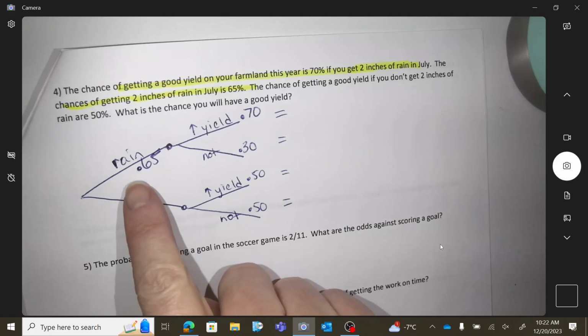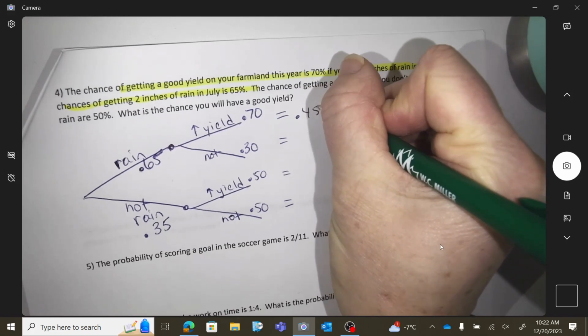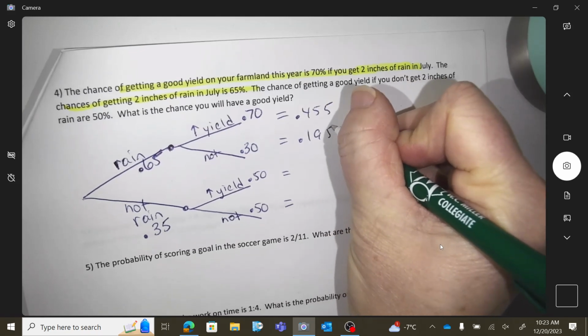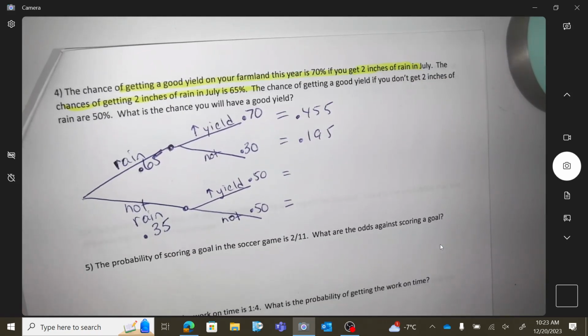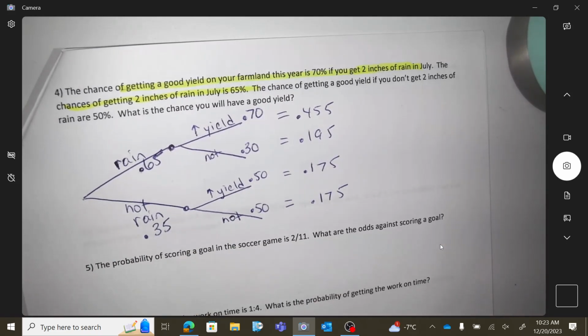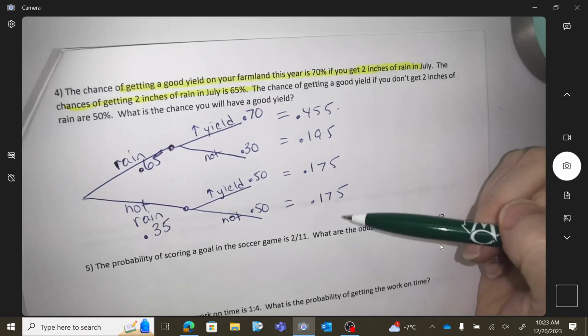Okay, can you times each branch? What do all those add up to if you just added them all up? 1, right?